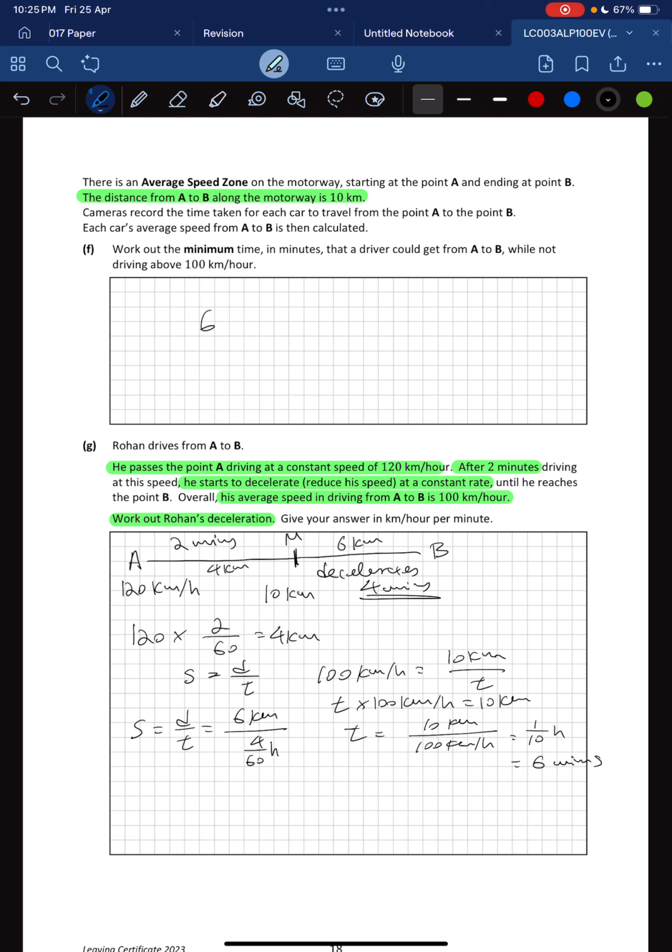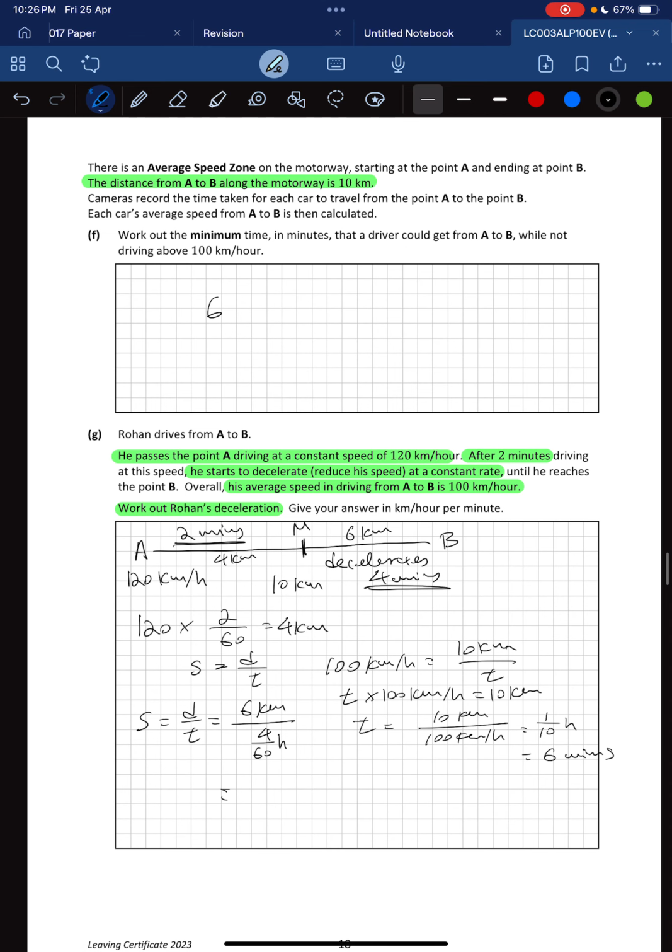Because we know that this second part takes 4 minutes, since the total is 6 minutes, and the first part took 2 minutes, so 6 minus 2, we're left with 4, and 4 over 60 is 4 minutes in hours. And then this will give us 90 kilometers per hour, if you work it out with a calculator.